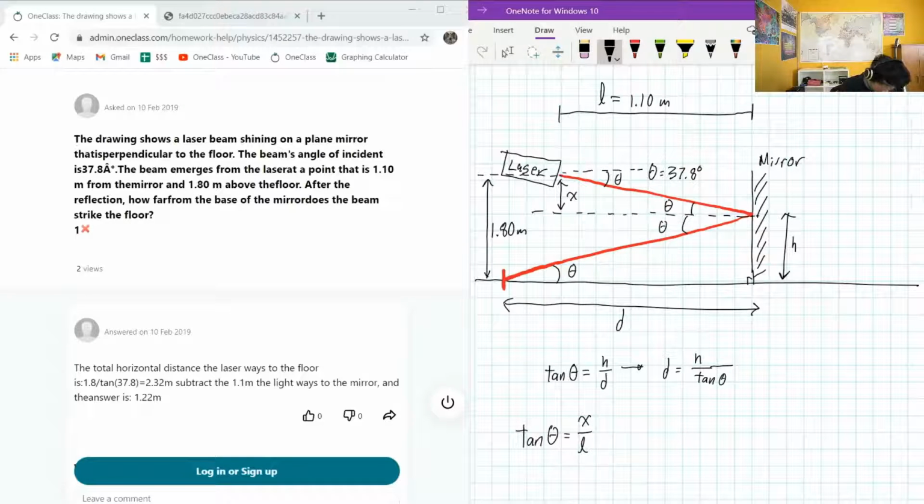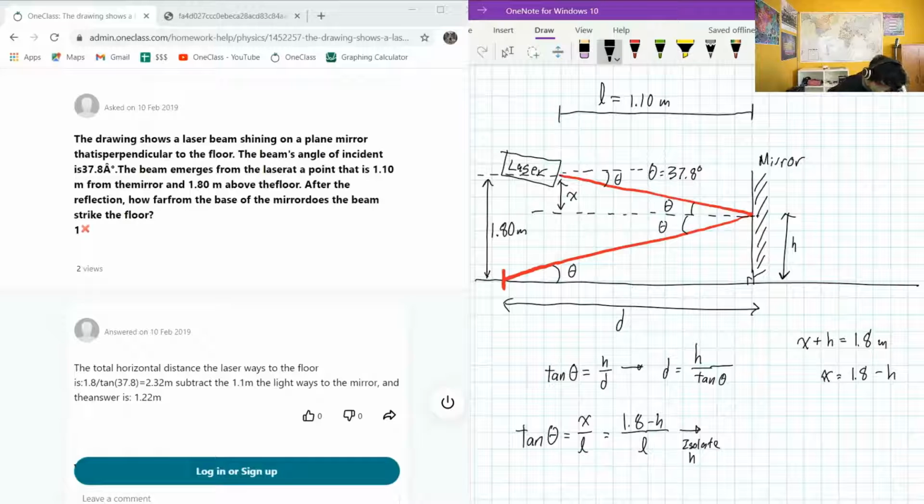And what do we know about x? Well, we know that x plus h equals 1.8 meters, right? That was given to us by the question. So x plus h equals 1.8 meters, which means that x has to be equal to 1.8 meters minus h. Fairly straightforward. So we could rewrite this as tan theta equals 1.8 minus h over L. And then we want to solve for h, because we need the h there, isolate h.